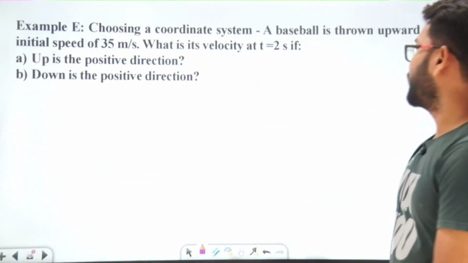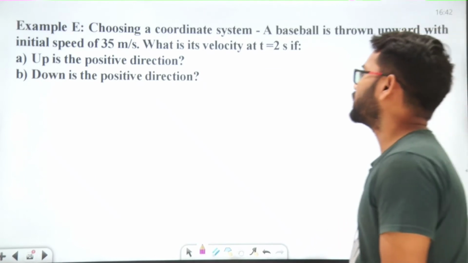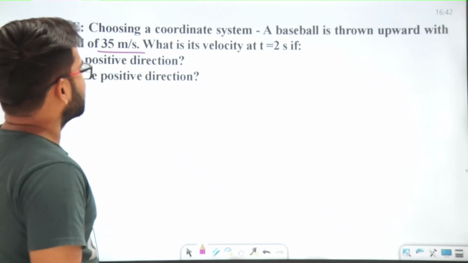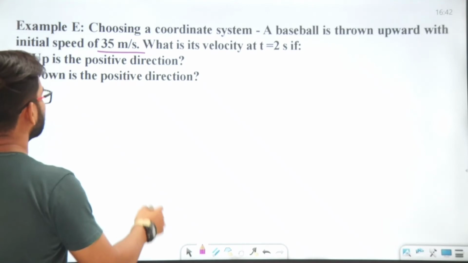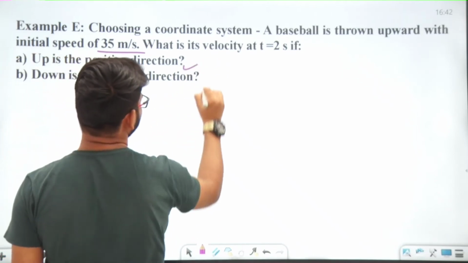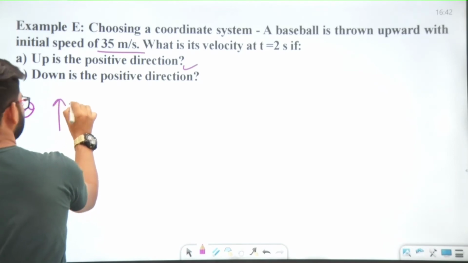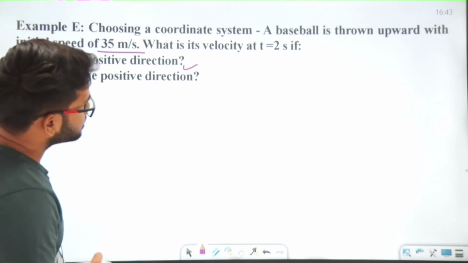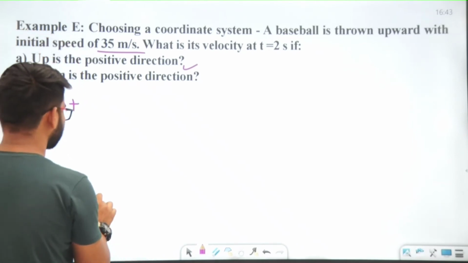Choosing a coordinate system, a baseball is thrown upward with an initial speed of 35 meter per second. What is its velocity at t equals 2 seconds if up is the positive direction? So first we are going to take upward as the positive direction. Students, the baseball is thrown upward with an initial speed of 35 meter per second.